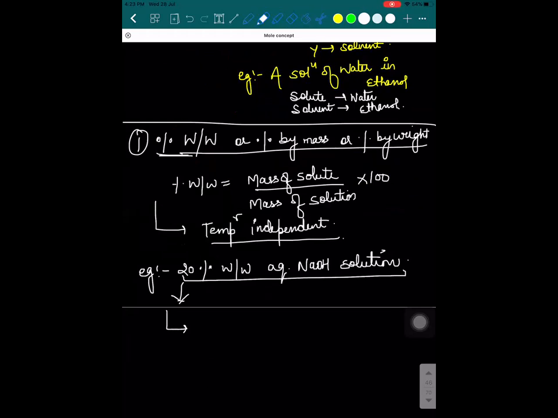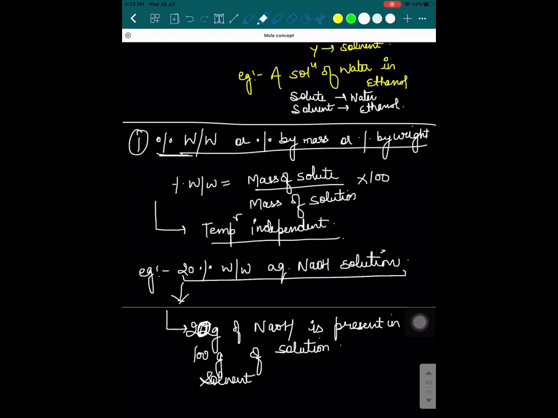The meaning of it is 20 gram of NaOH is present in 100 gram of solution. Aqueous means water is the solvent. So tell me what will be the weight of the solvent then? If 20 gram is the solute, the solvent will be 80 gram, isn't it?